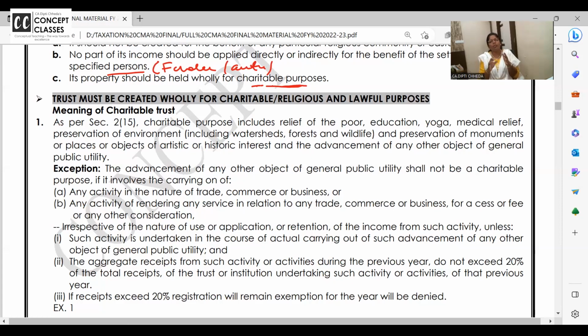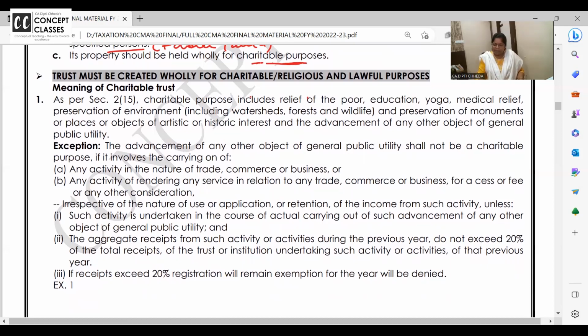Patanjali Yogpeeth Ramdev Baba is teaching yoga. But along with that, is he having the sale counter for the books, for the kadas and the medicines? Yes. So they can do all the activities which are charitable, religious and lawful. Then it is allowed. Okay? So charitable purpose includes relief of poor, yoga and all.